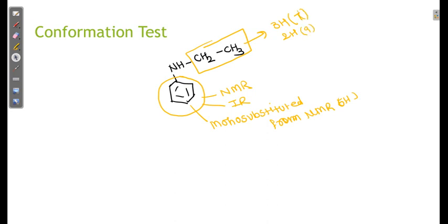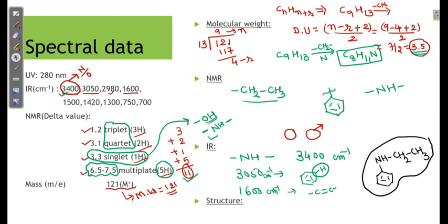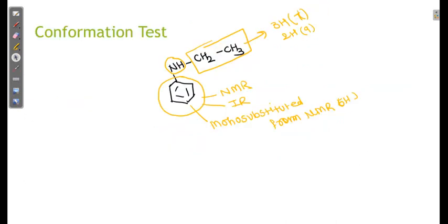If mass fragmentation were given, we could also conclude from it. This NH is not going to be split because it is written as a singlet. I have told you many times that when a proton is acidic, present on an electronegative element, it is continually exchangeable, so it will give a singlet. So it does not matter what we are getting for that.